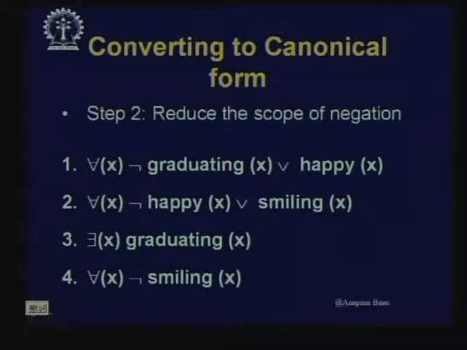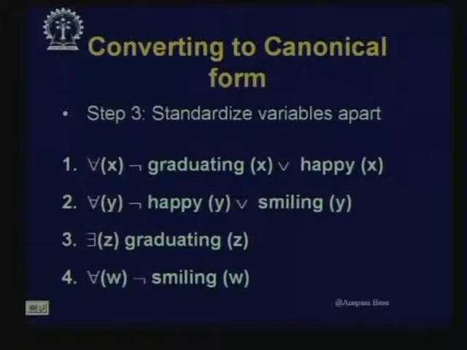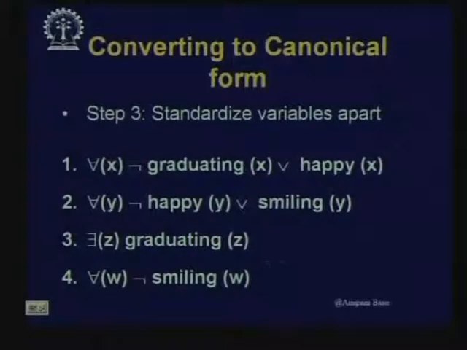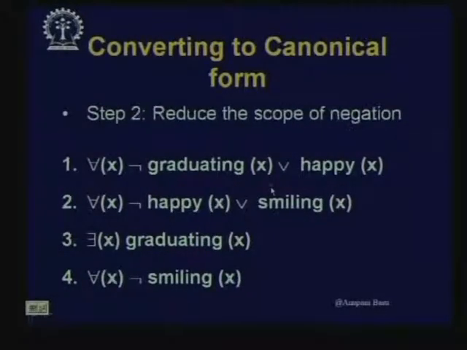The next thing that we need to do is we have to standardize the variables apart. It is possible that the same variable might have been used at different points. For example, here, graduating X, happy X, here again not happy X, smiling X, all those things.